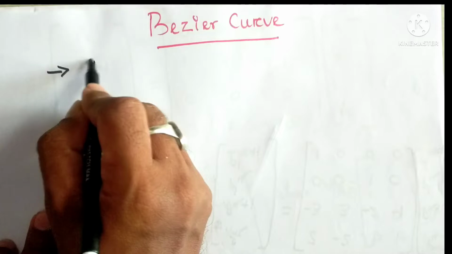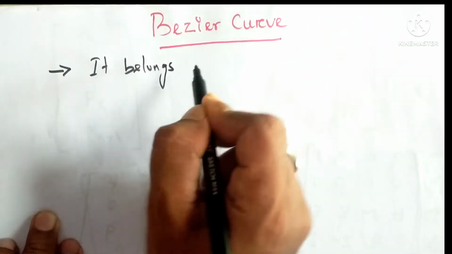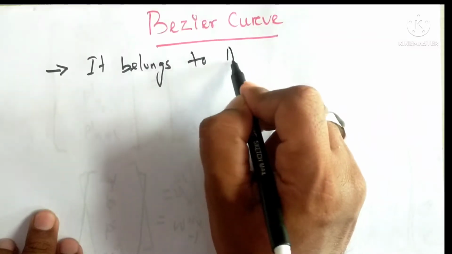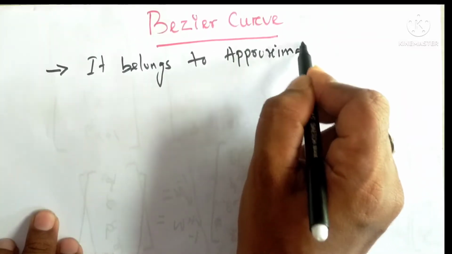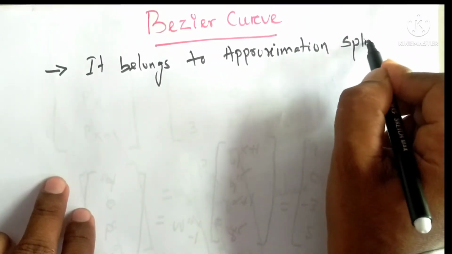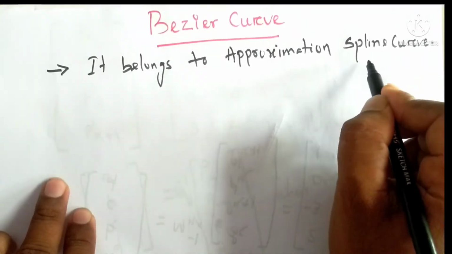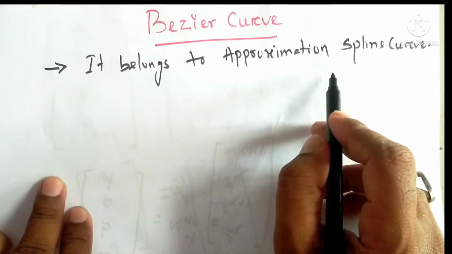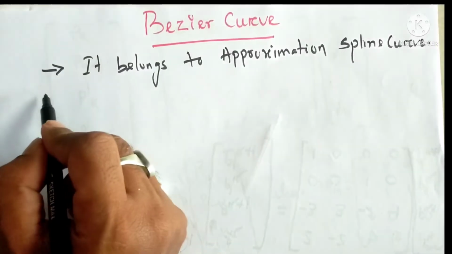Bezier curve belongs to the approximation spline curve. It is also a spline curve, but of the approximation type.